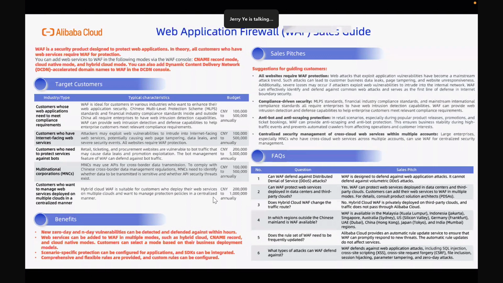But actually, we will help our customers to deploy the software of Alibaba Cloud WAF in their third-party cloud or hybrid cloud. Then they just need one console, and the centralized management of all the web services WAF can be achieved. The final one is the secure dynamic content delivery network, secure DCDN.